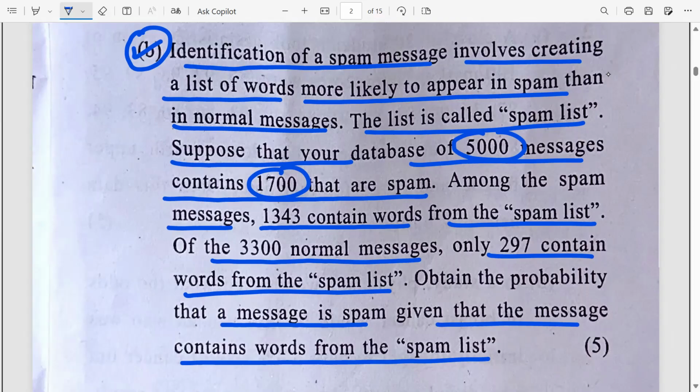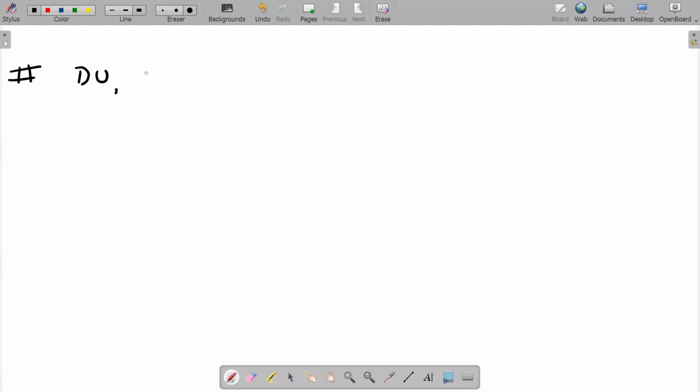So coming to the whiteboard, I'm just writing the main heading for completeness. This is Delhi University Exam 2024. Name of the course is Introductory Statistics for Economics.